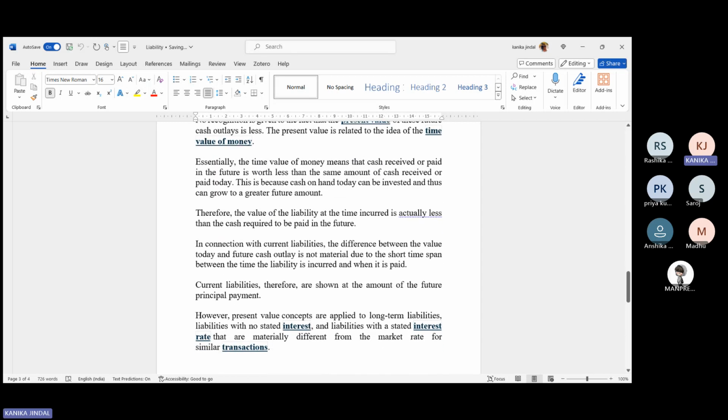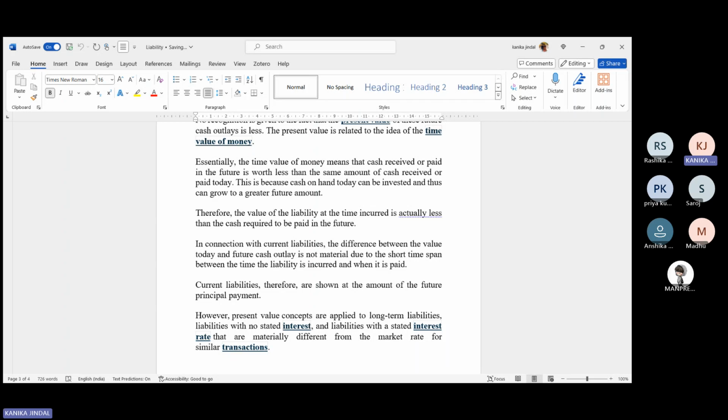In connection with current liabilities, the difference between the value today and future cash outlays is not material due to the short time span between the time the liability is incurred and when it is paid. So when I'm talking about the concept of time value of money, it is for the long-term liabilities, not for the current liabilities, because for current liabilities, the time period is generally 1 year or 12 months, a short period between when the liability is incurred and when it is paid.